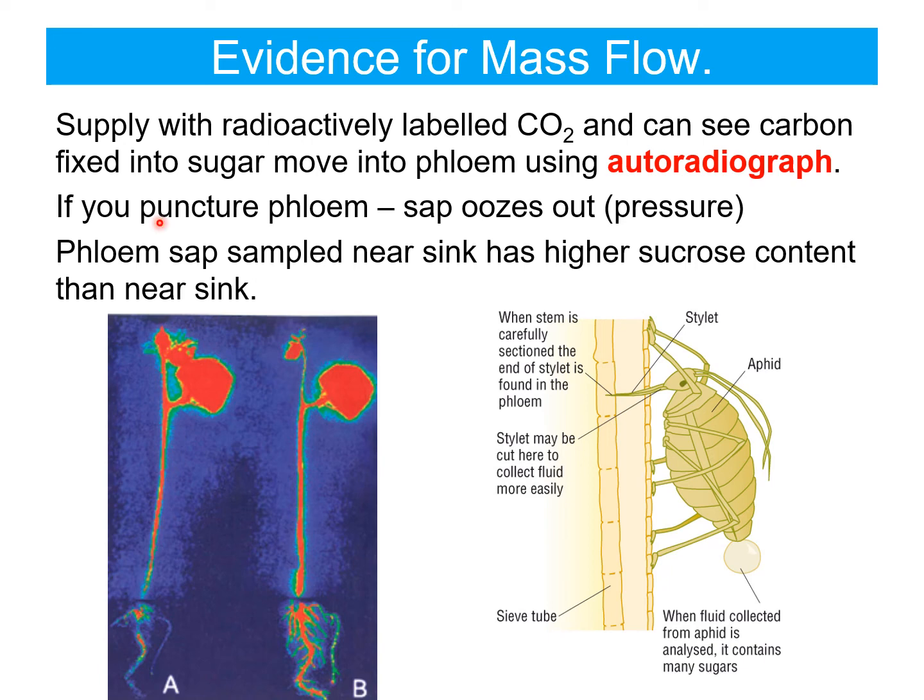Also, if we puncture the phloem, then the sap, which contains sucrose, will ooze out, which shows us a high pressure near the source. And a phloem sample near the source also has a higher sucrose concentration than near the sink.